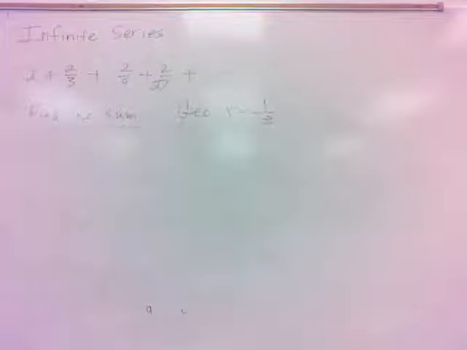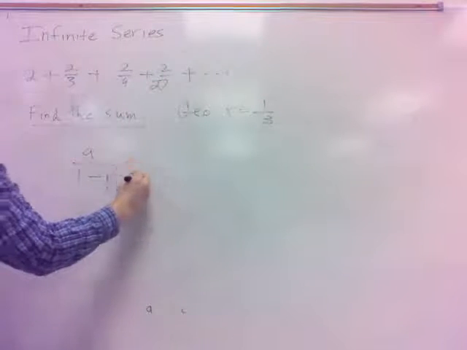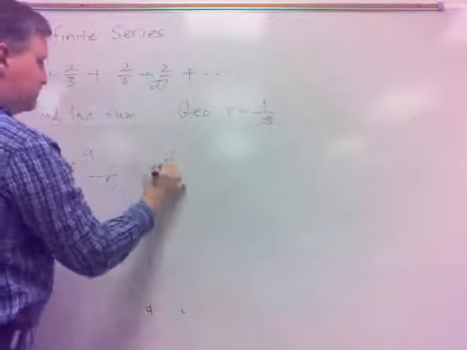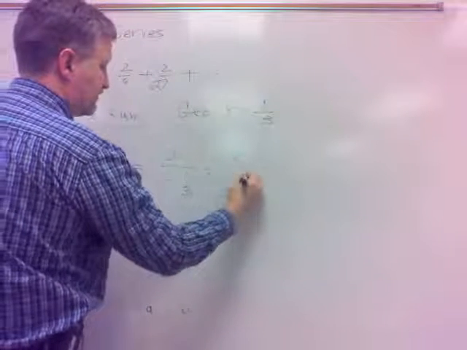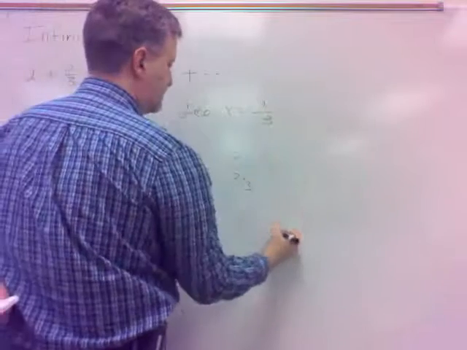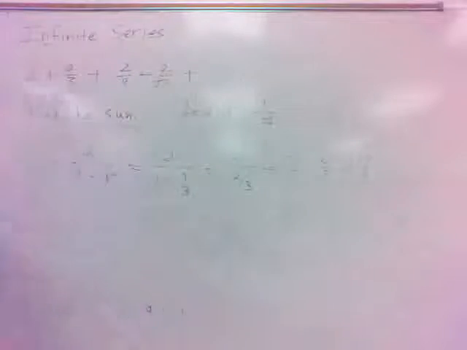Thank you. R is 1/3. So the sum is going to be A over 1 minus R. First term is 2. R is 1/3. So it's 2 over 2/3, which is 2 times 3/2, which is 3. The sum is just 3.